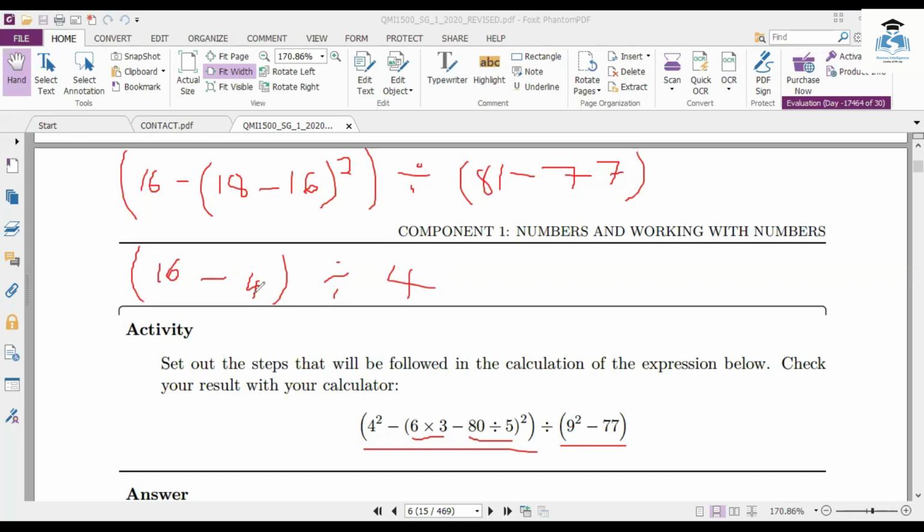Then 16 minus 4 is what? 12 divided by 4. Then your answer will be 3. So that's what you do. Okay, let's move on.